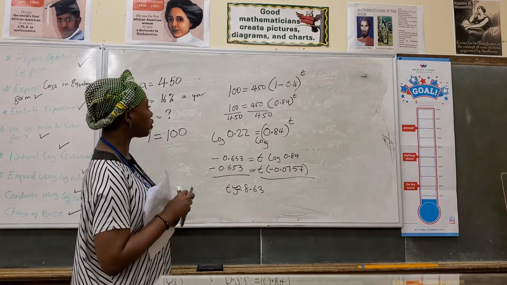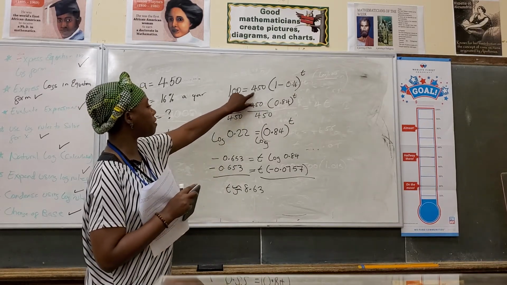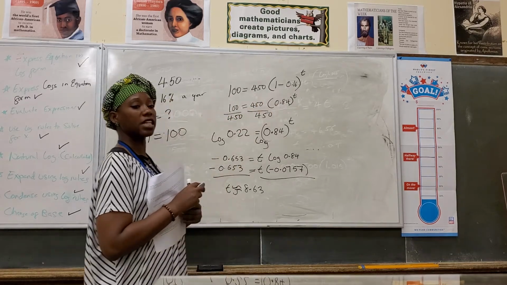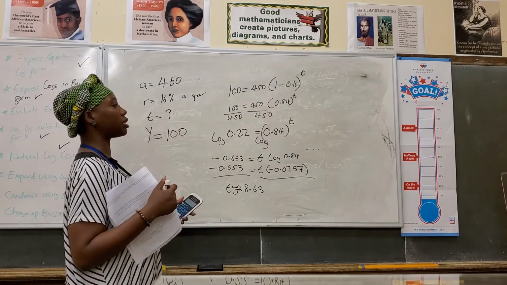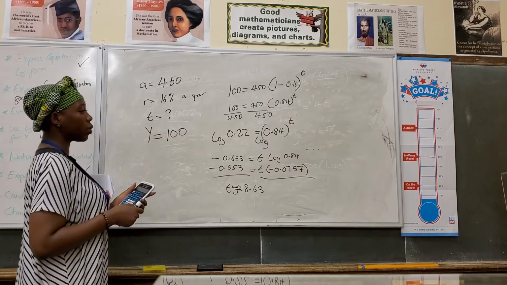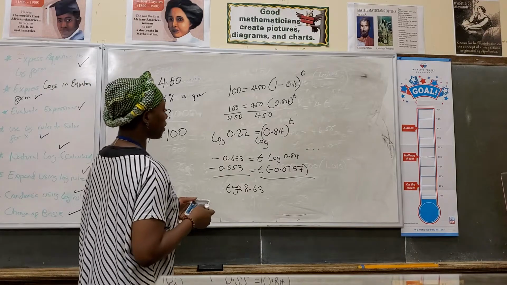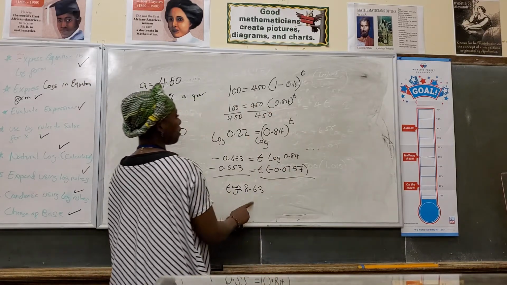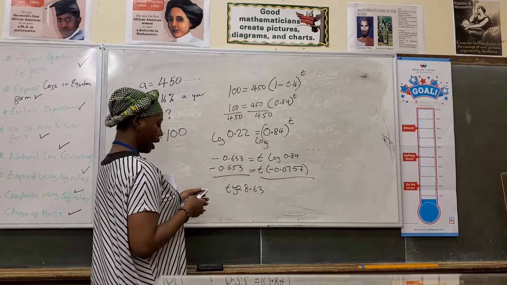These 450 animals will only be 100 left if they're decreasing at a rate of 16%. We're subtracting 16% of it each year, and in 8.63 years, we can go ahead and check if that's correct. So I'm saying that if I do this, plugging in 8.63, I will only have 100.